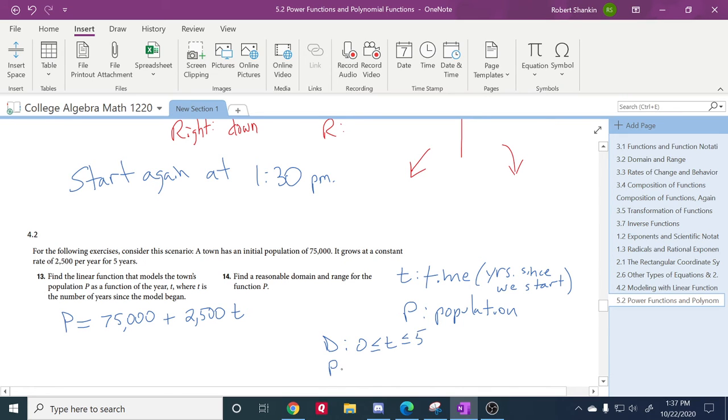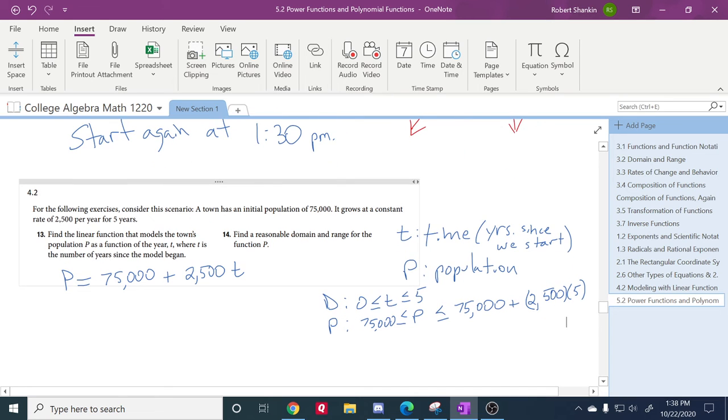And then the population would range from 75,000 at its beginning, and at the end it would be 75,000 plus 2,500 times 5, because 5 times it grew by 2,500.